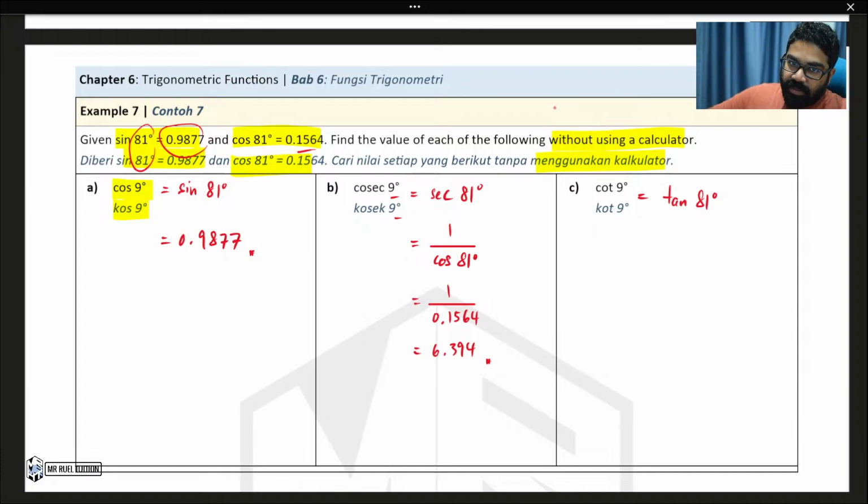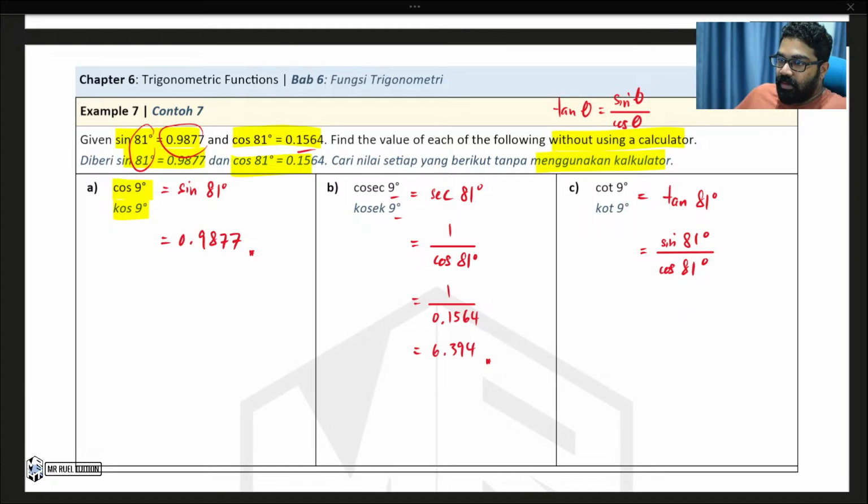Tangent theta ialah sin theta over cos theta, isn't it? Basic identity, sin theta per cos theta, betul tak? So tangent 81 will be sin 81 bahagi over cos of 81. Correct?